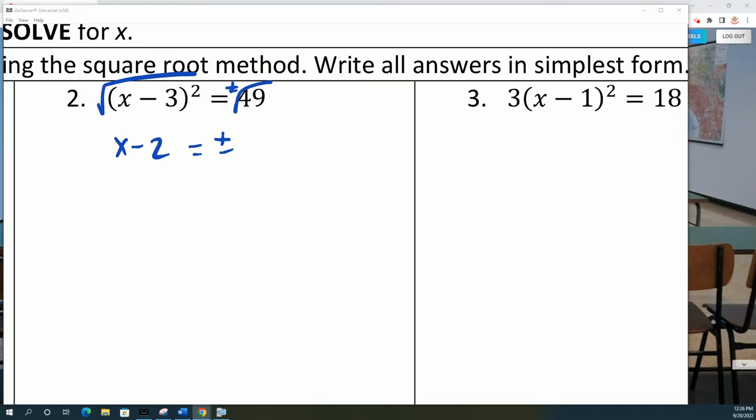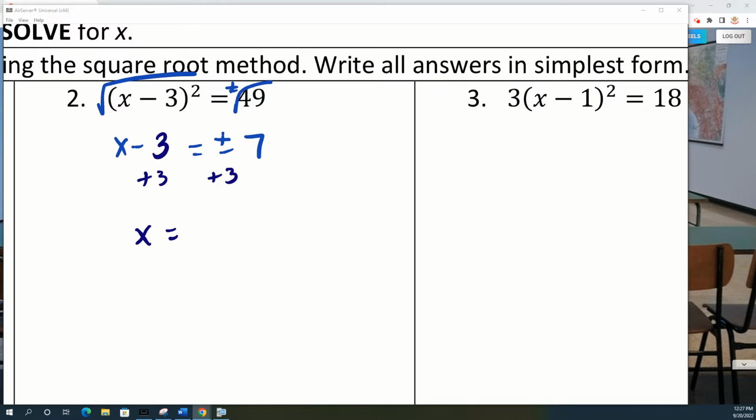It's 7. Oh, I messed up. I don't know why my 3 turned into a 2. It's supposed to be 3. Sorry. All right. And then we want to solve this. Since it's a -3, what are we going to do with the 3? Add it.